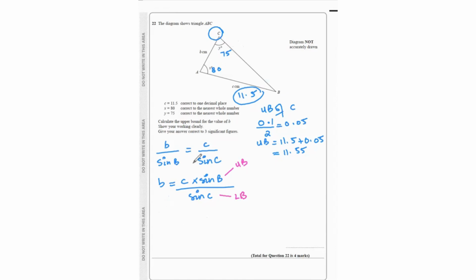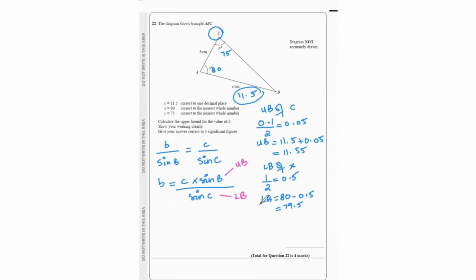So let's find the lower bound of Y and X. Lower bound of X: 80 is correct to the nearest whole number, which means 1 divided by 2, 0.5. So the lower bound is 80 minus 0.5, which is 79.5.